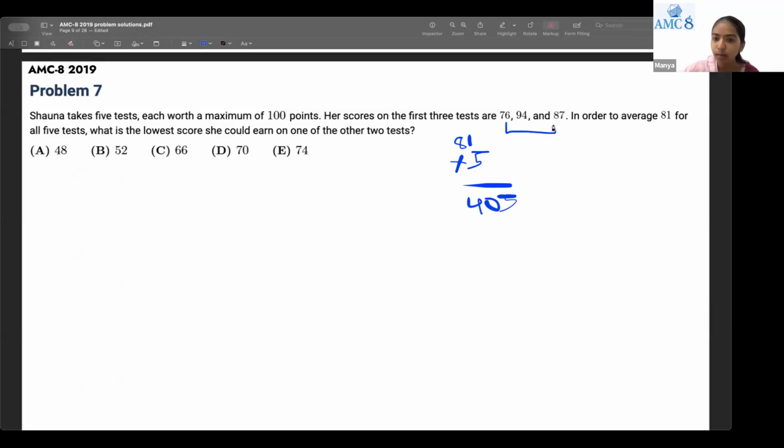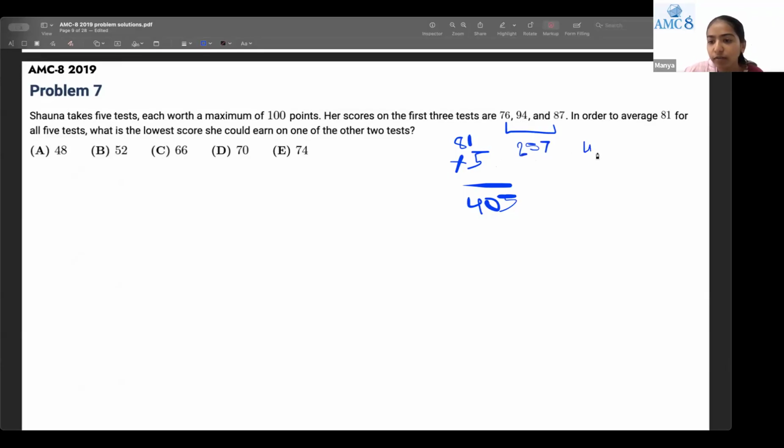We know that they want the total to be 405. So 76 plus 94 is equal to 170. 170 plus 87 is equal to 257.